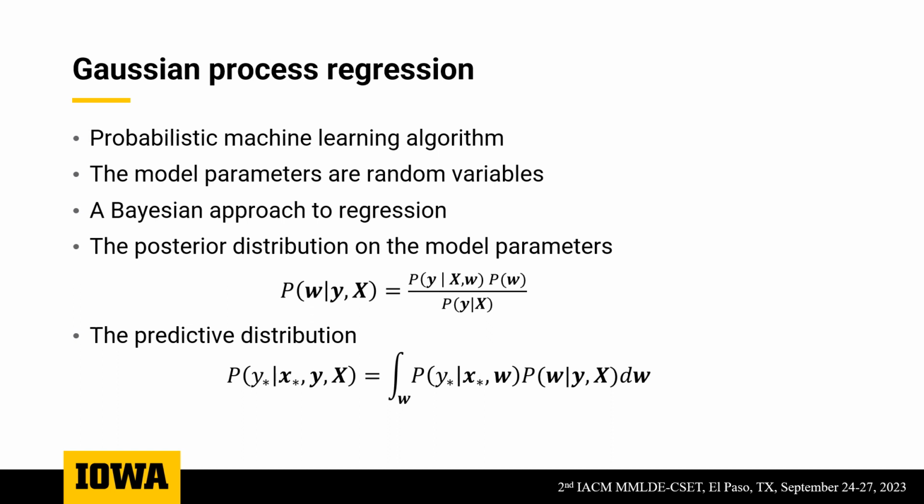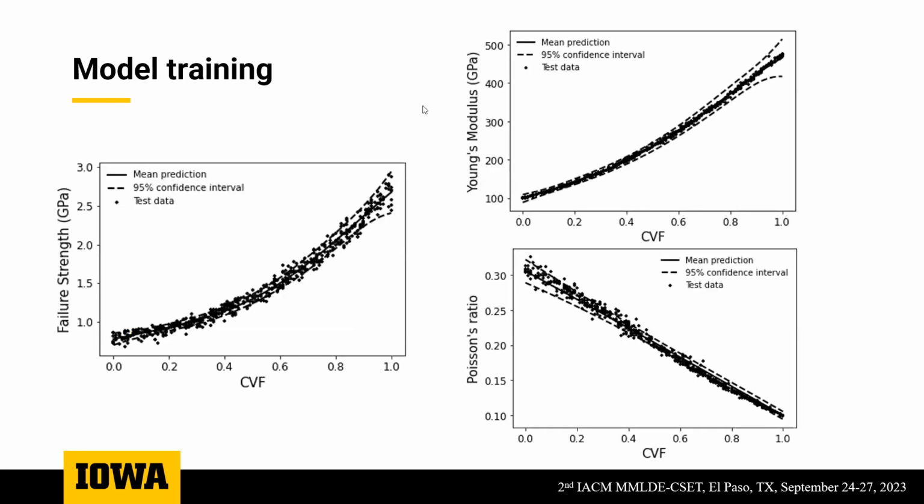Once the model parameters are determined as random variables, the prediction is a random variable as well. So we use Gaussian process regression to predict the failure strength, Young's modulus and the Poisson ratio, and here plot the 95% confidence interval compared with the test data.